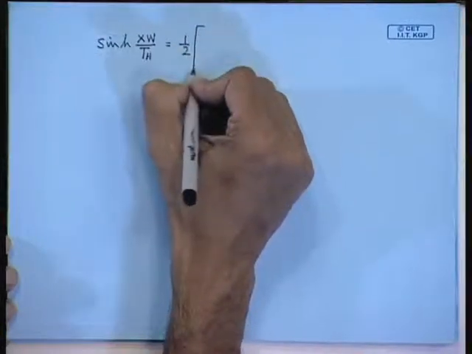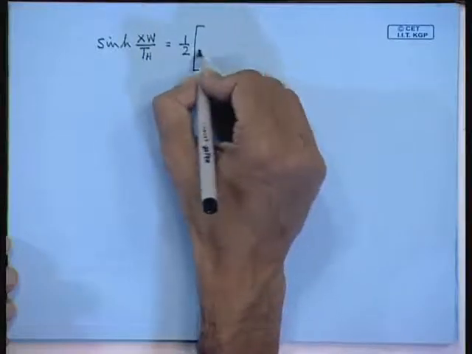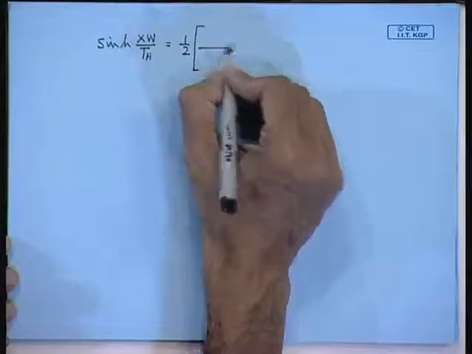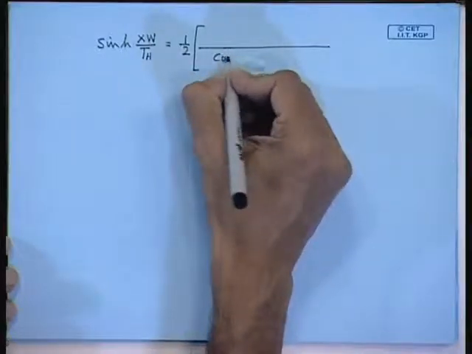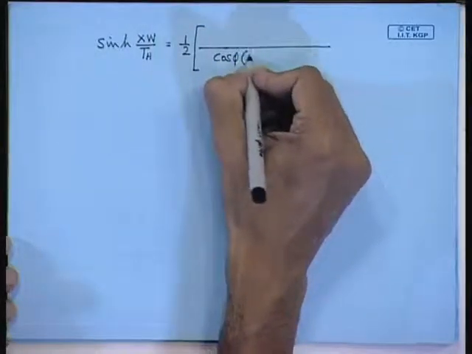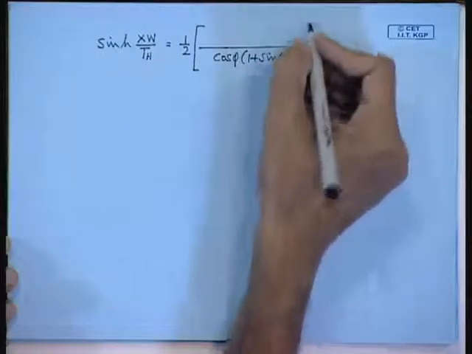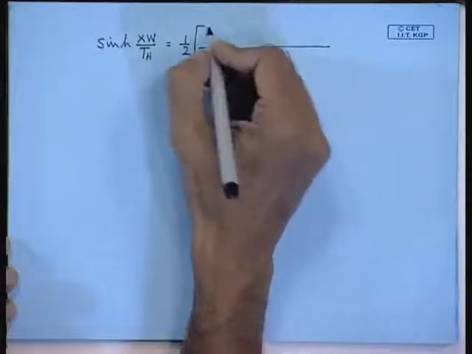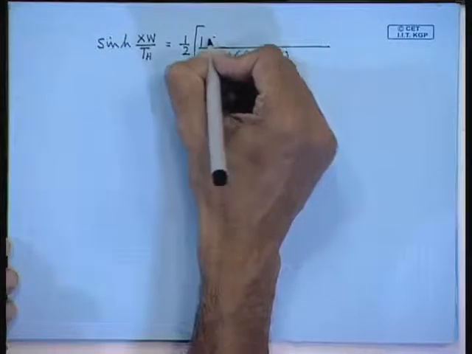So you just carry out the multiplication. So this will be 1 plus sin phi whole square. So in your denominator you will get cos phi multiplied by 1 plus sin phi.